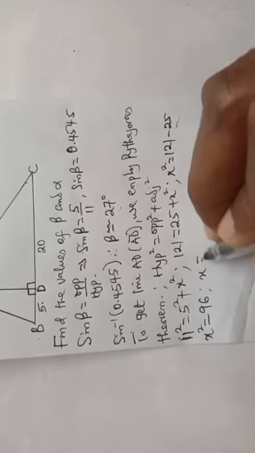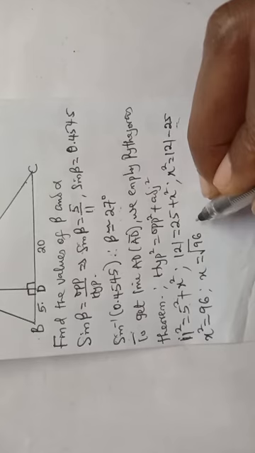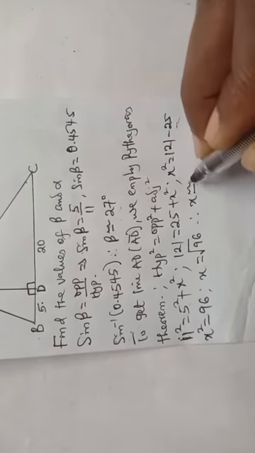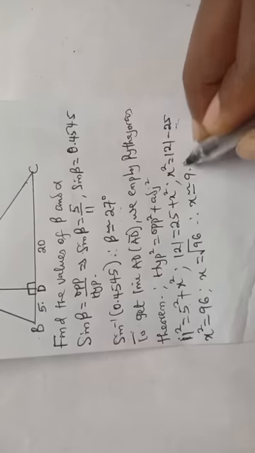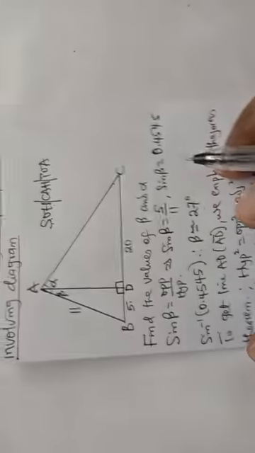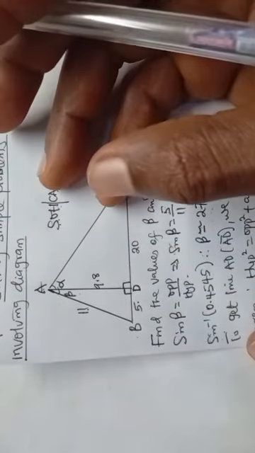So to get my x, I will take the square root of 96. Therefore, x is approximately 9.8. That means line AD will give us approximately 9.8. You can use 10 anyway.